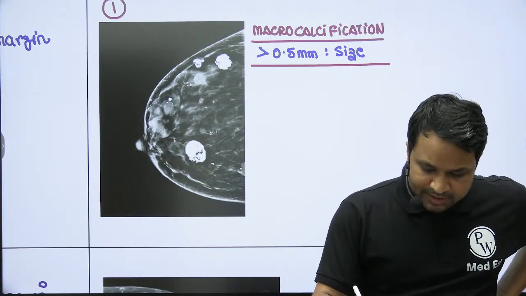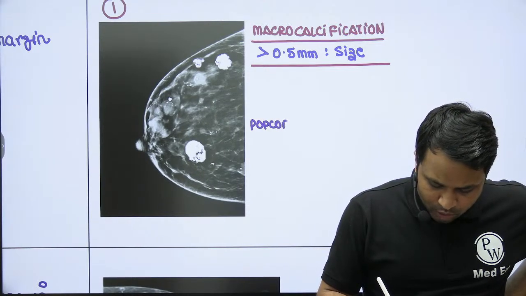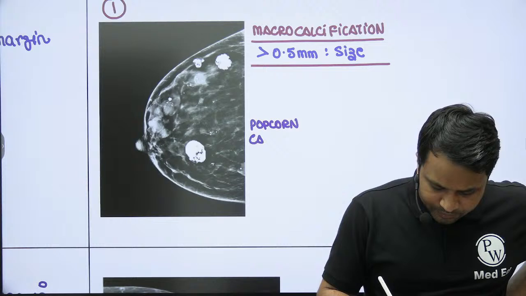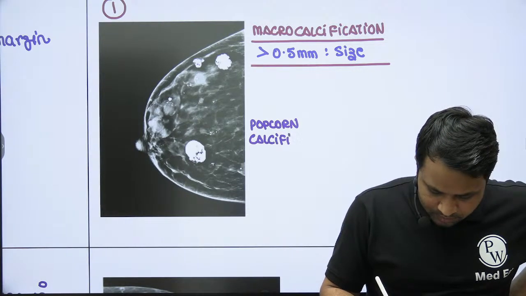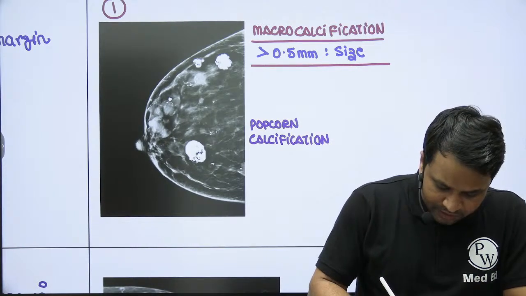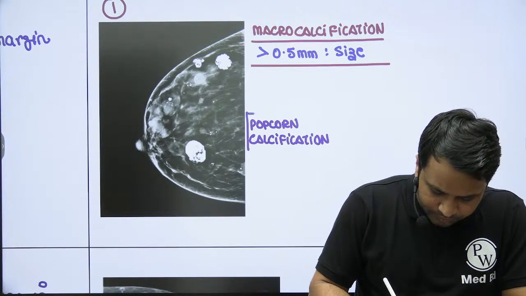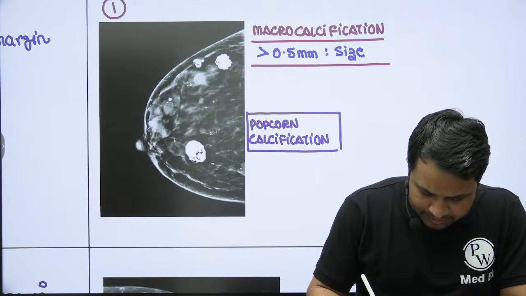So the characteristic appearance that you can see here is what we call the popcorn calcification.